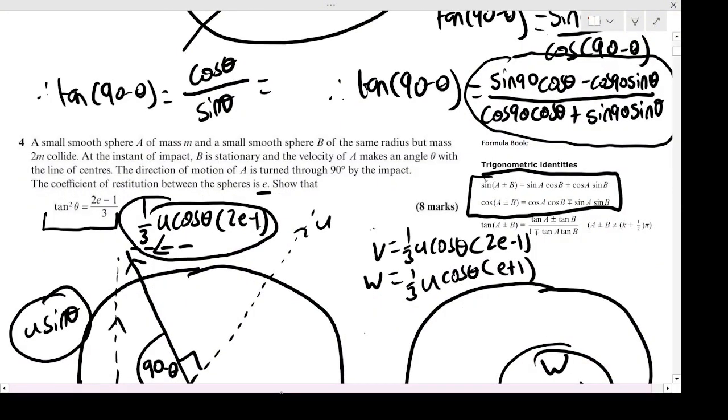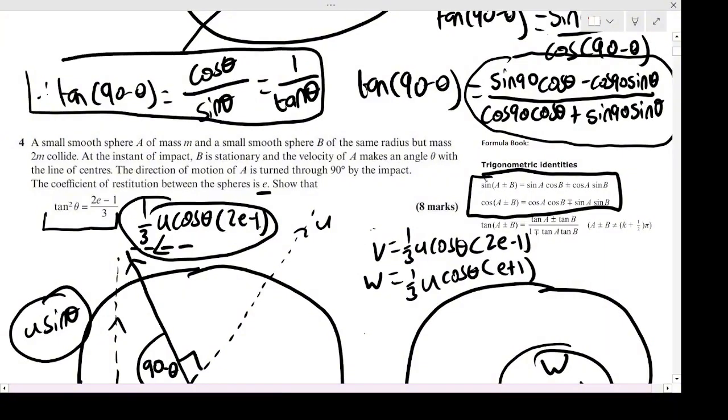And this is actually just going to be the reciprocal, or tan flipped. Because if tan is sine over cos, we flip it to get cos over sine. So it's 1 over tan of theta. And so there we are, hopefully happy with how I've got to that. So tan of 90 minus theta is also 1 over tan of theta.